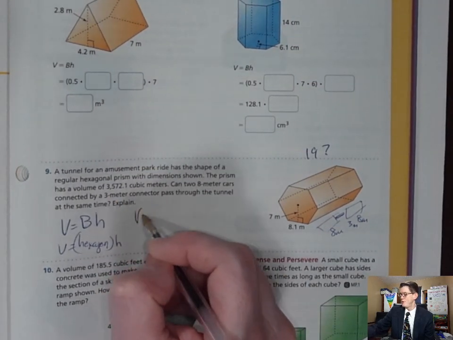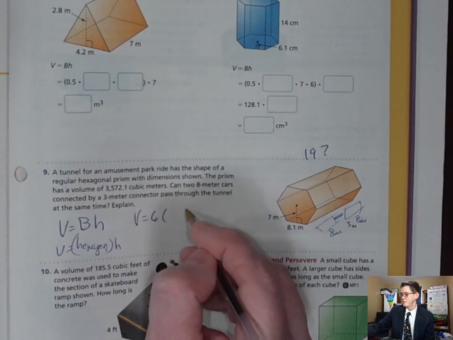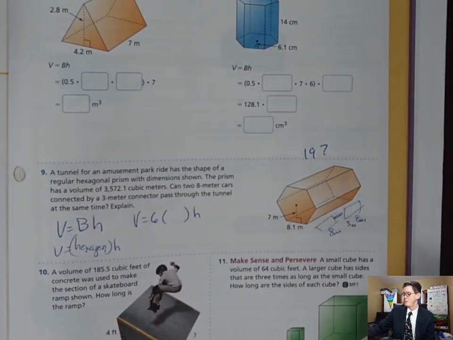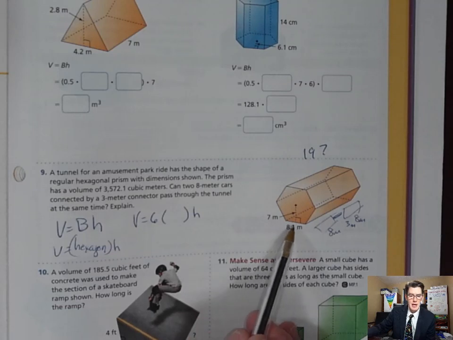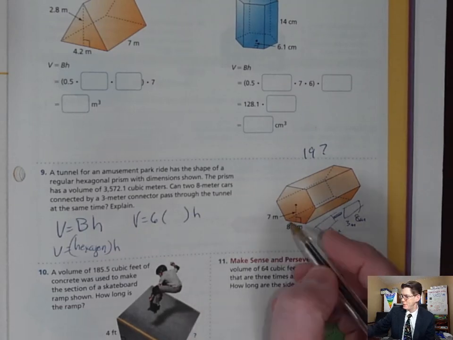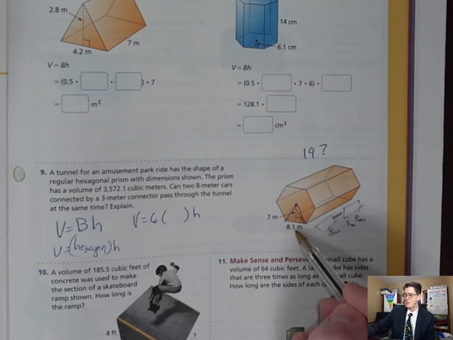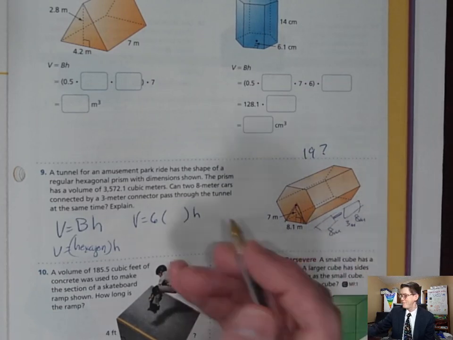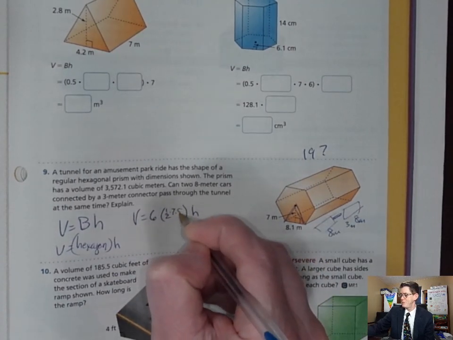So the volume is, well, the hexagon, that's just 6 of the triangles times the height. And the triangles, let's see, the height is 7. If you think of that triangle, height is 7 times 8.1 in half. So 1/2 of 7 times 8.1.